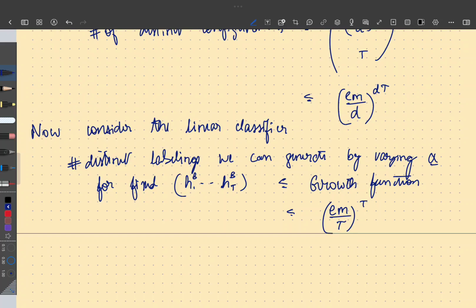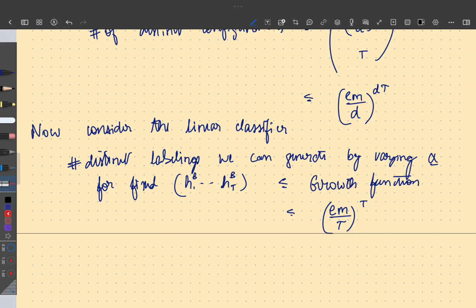So the number of possible labelings I can generate just by varying h1 through ht is these many, and the number of possible distinct labelings I can generate by varying only alpha for a fixed choice of h1 through ht is at most this particular quantity.